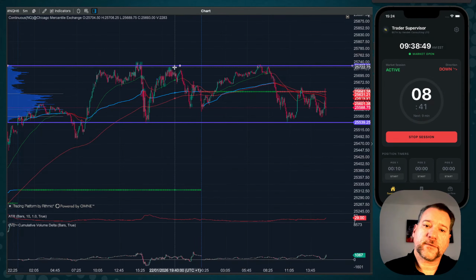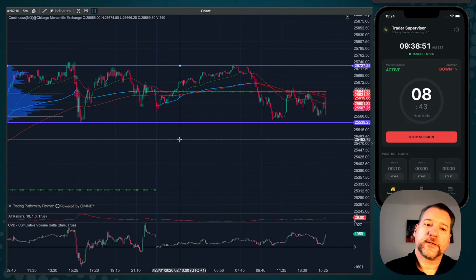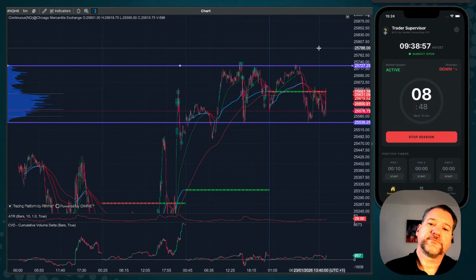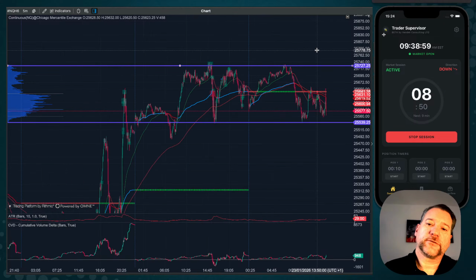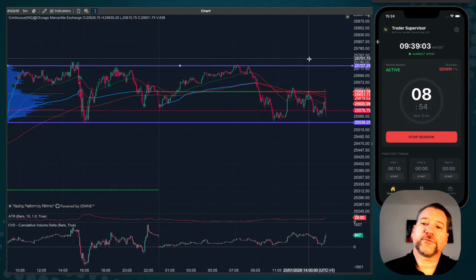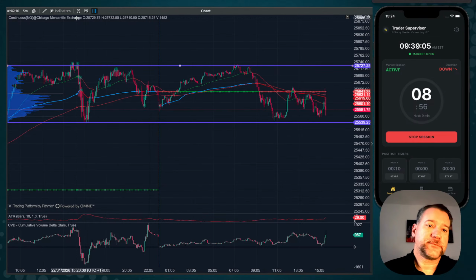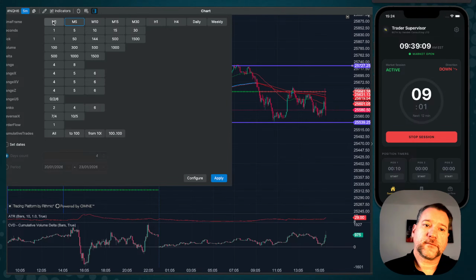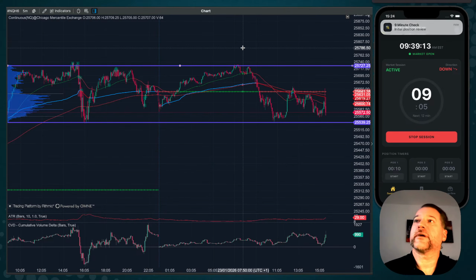This is a range. The price is back and forth, bouncing within this range. Okay, here we are.